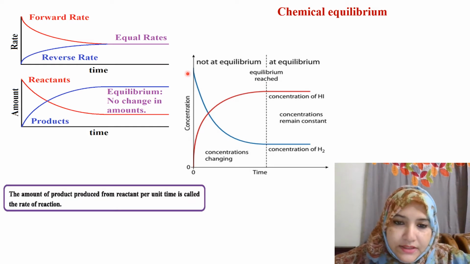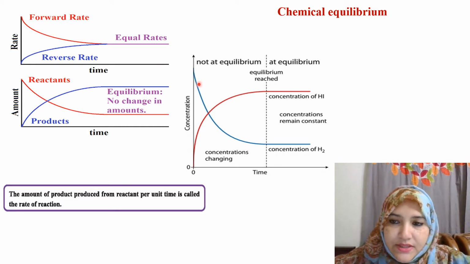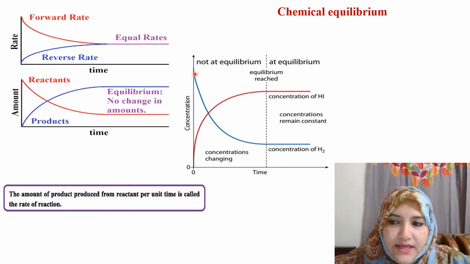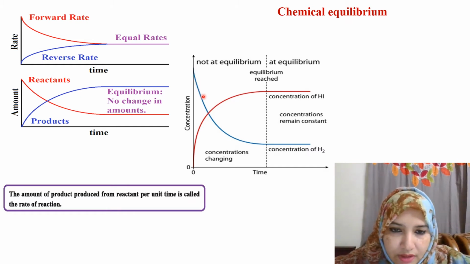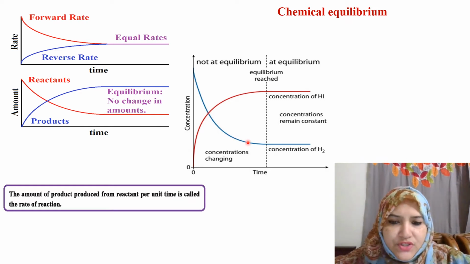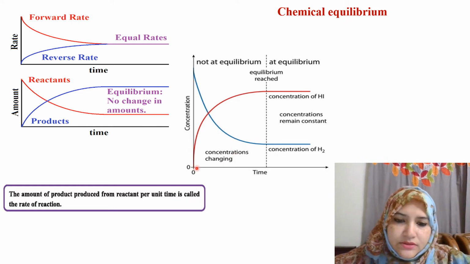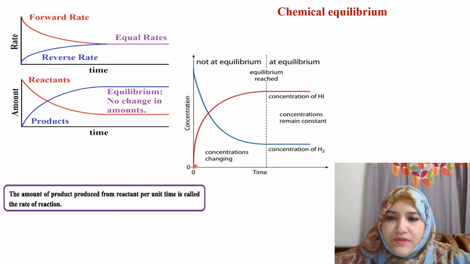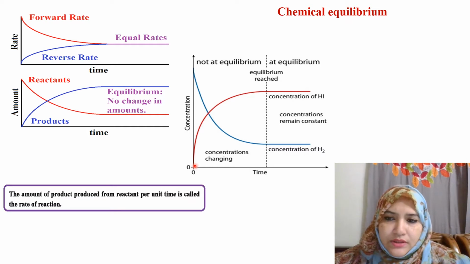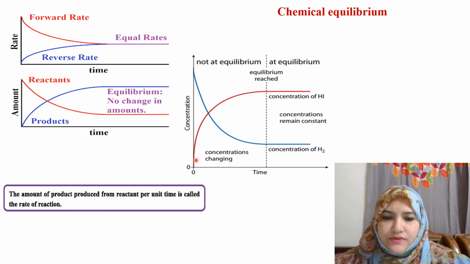At the initial point, at the start of the reaction, there is a high concentration of hydrogen and iodine, and the concentration decreases gradually with the progress of time as hydrogen iodide is formed.